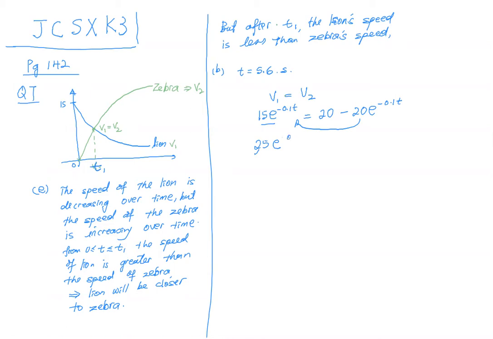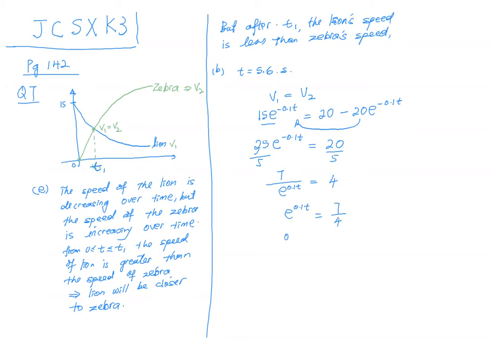35e to the power negative 0.1t equal to 20. Correct? So you can divide by 5 for both sides. So I got 7e to the power negative 0.1t is equal to 4. So my e to the power 0.1t will be equal to 7 over 4.